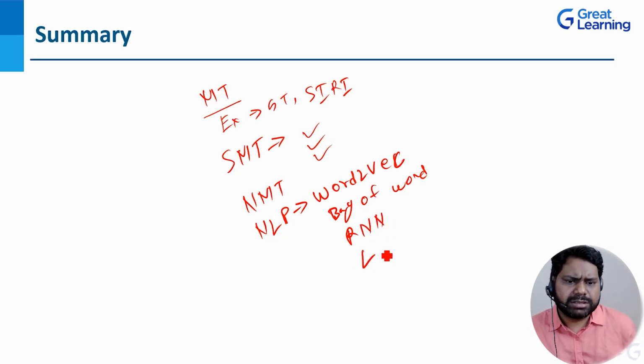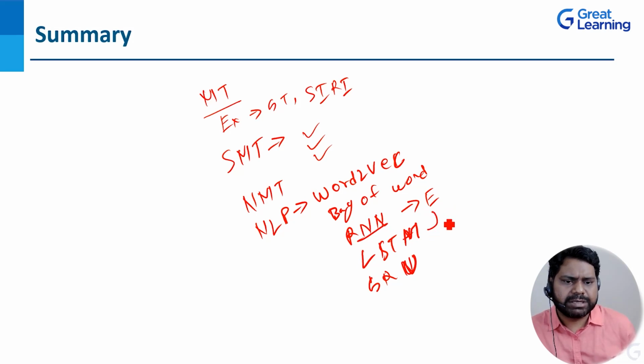Then we also discussed what is LSTM, long short term memory. Then we discussed gated recurrent unit, that is GRU. We discussed what is gradient explosion in RNN, and how LSTM and GRU prevent it. Okay, we discussed these things also.